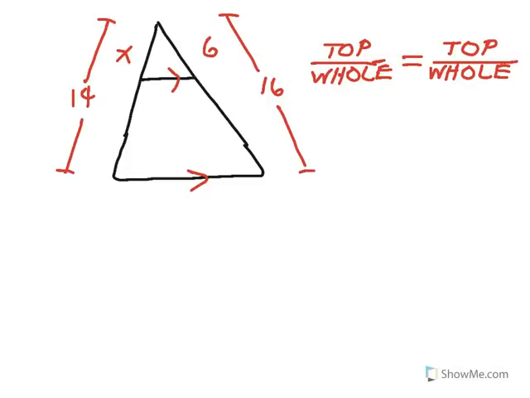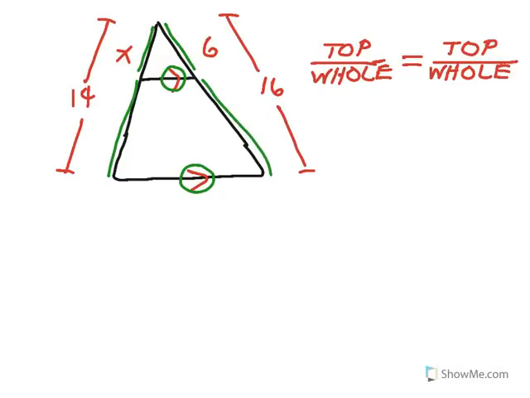Okay, let's look at the triangle proportionality theorem again. Because I have a triangle with a segment that's parallel to a third side, I know that the ratio of the top to the bottom on one leg is the same as the ratio of the top to the bottom on the other.